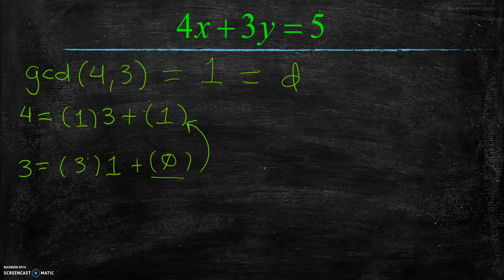So, 4, we want to isolate the remainder. So we're going to move this to the left side by subtracting it.